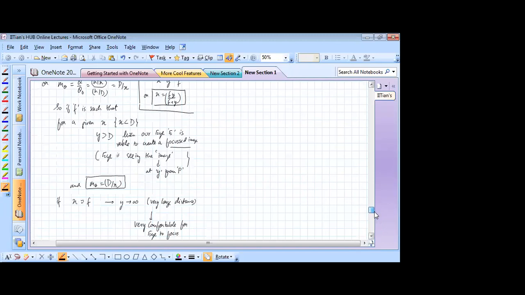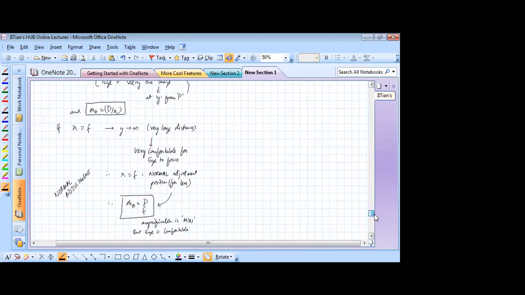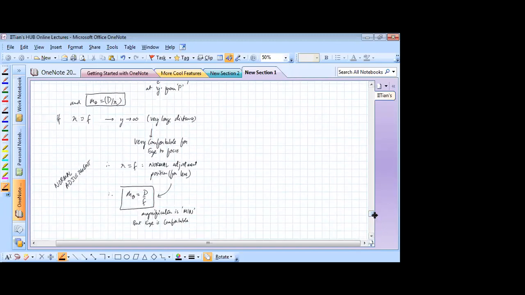This is what we had seen earlier. First, we'll go through the normal adjustment position concept.